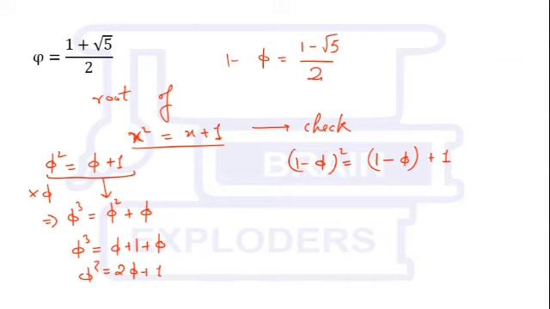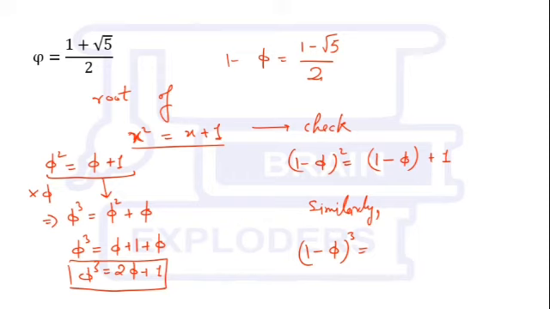We will use this result later in our solution. Similarly, here also we have (1 minus phi) whole cubed equals 2 times (1 minus phi) plus 1, or 3 minus 2 phi.